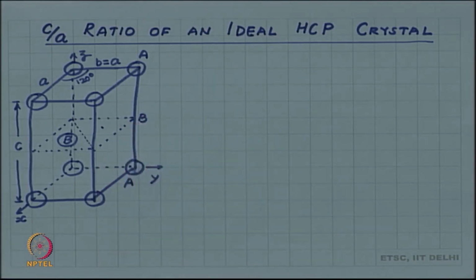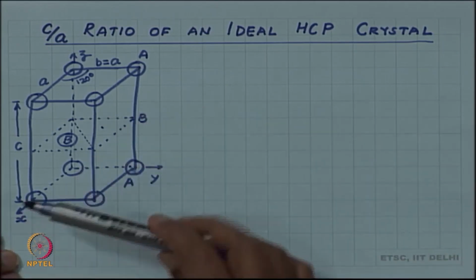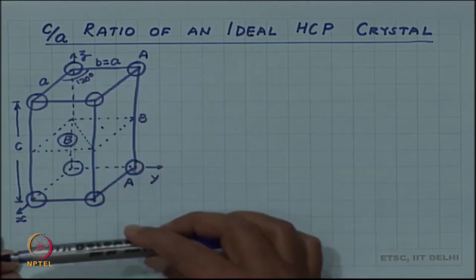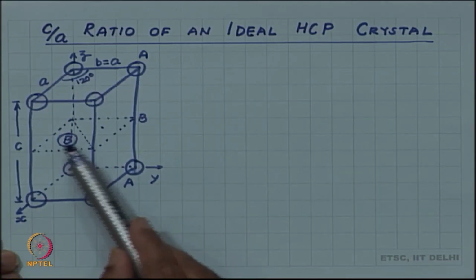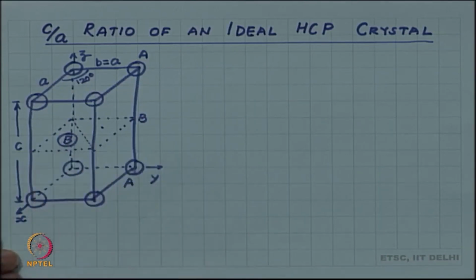So, now I have completed the unit cell, all the atoms are shown: rhombus based prism, height C, AB AB stacking, A to A is C, and a mid plane atom B right inside the unit cell.